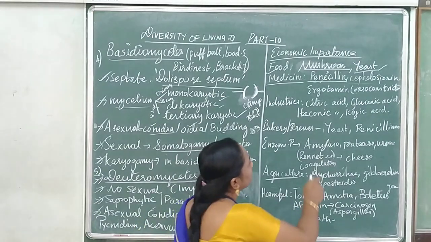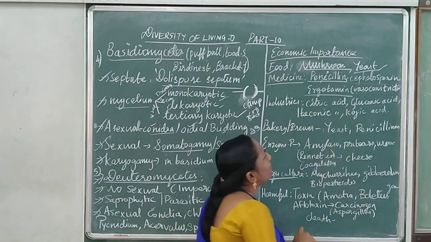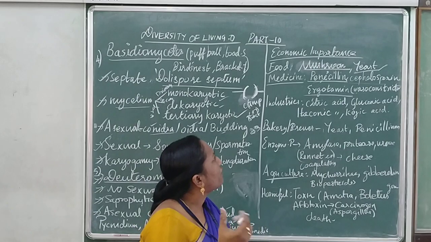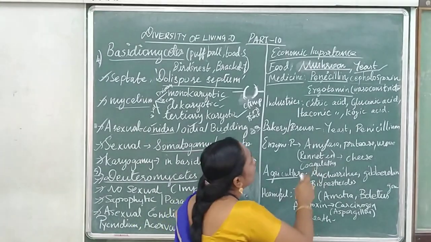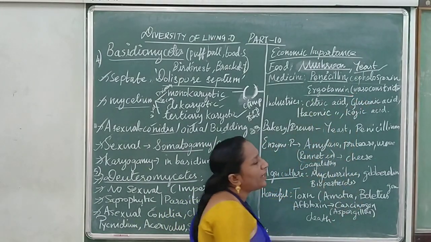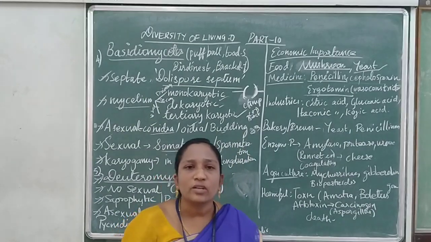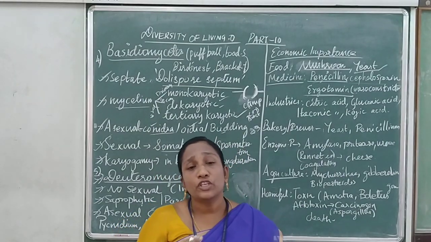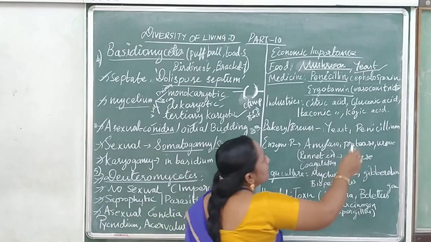And next, there is one more thing derived from the fungi, that is called ergotamine. Ergotamine is a medicine which is used as a vasoconstrictor.